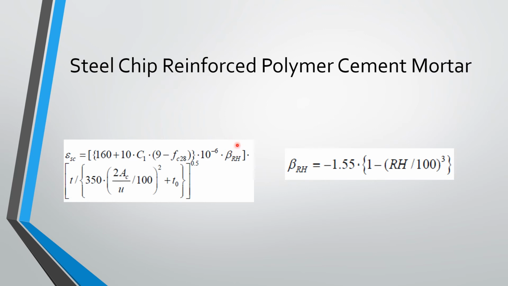We have a beta that is related to relative humidity. We have the age in days. Also we have the A sub C, that is the cross-sectional area of the member. The T sub 0, that is the age when it's loaded. And we have U, that is the length of bar in contact with outside air.